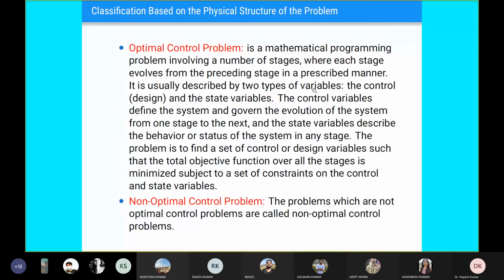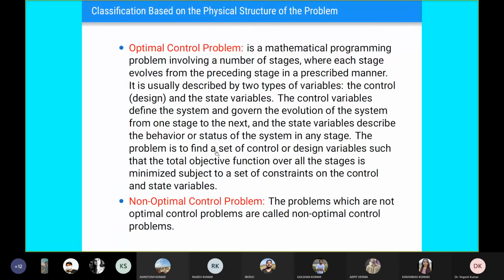Under this, it is usually described by two types of variables: the control or design variable and the state variable. The control variables define the system and govern the evolution of the system from one point to the next. And the state variable describes the behavior or status of the system in any state.